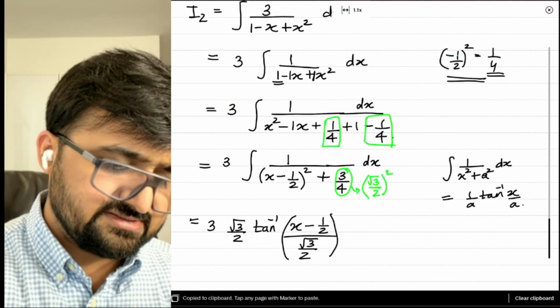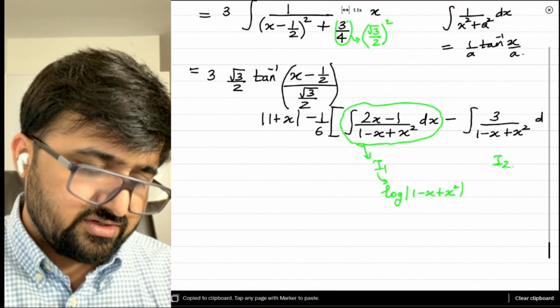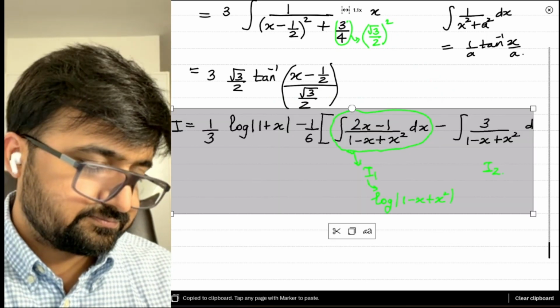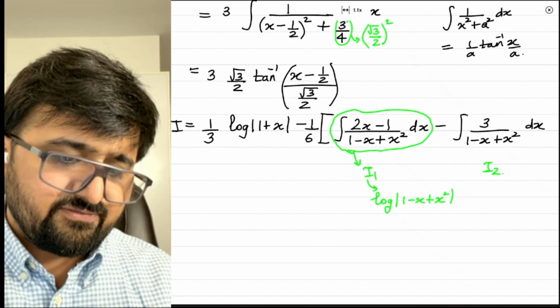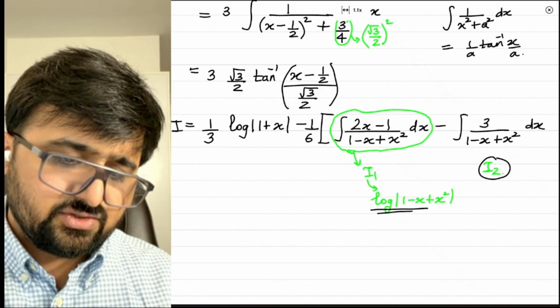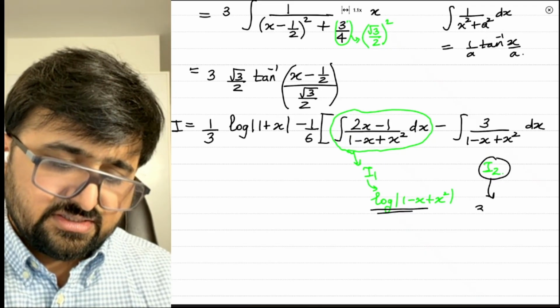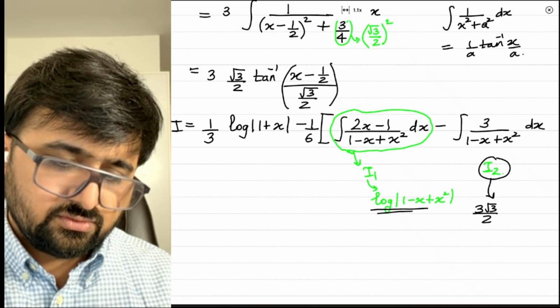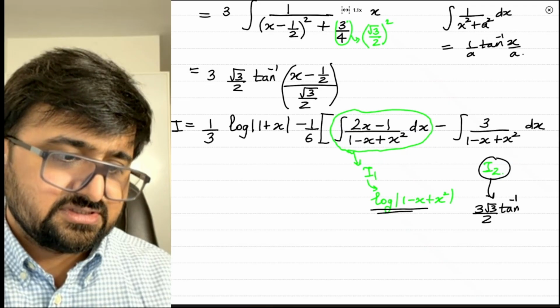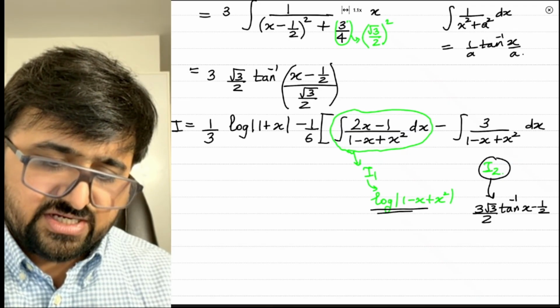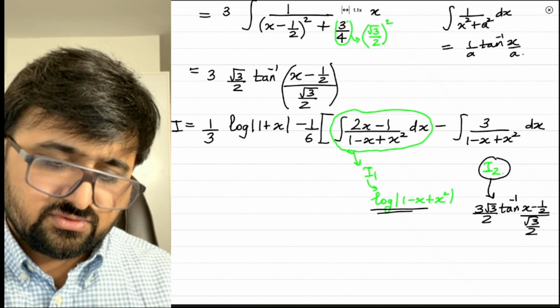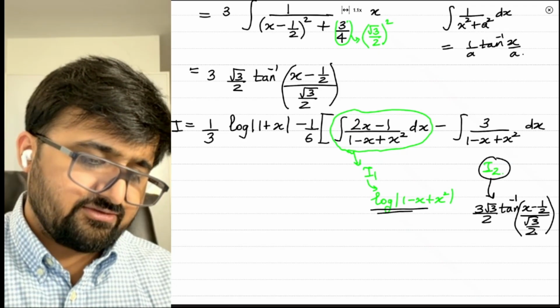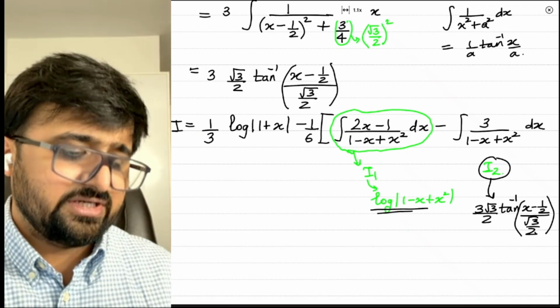We already have the result now. This is dx. We found I1 and this I2 also we found. I2 is 3 times root 3 by 2 tan inverse of x minus 1 by 2 upon root 3 by 2. And that's your final result. This whole entire thing is your final result.